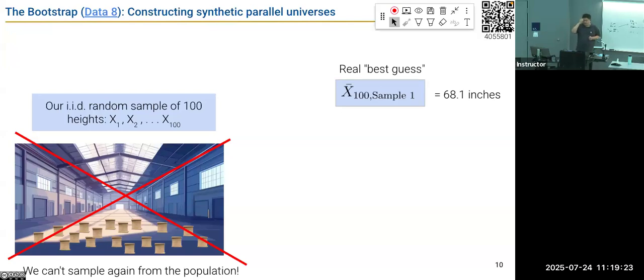So the whole idea, now we're going back to the heights example, is I don't have access to my entire population. I don't know the heights of all 32,000 Berkeley undergrads. So I take a sample of size 100, and it's a random sample.